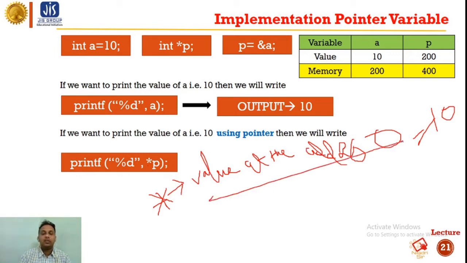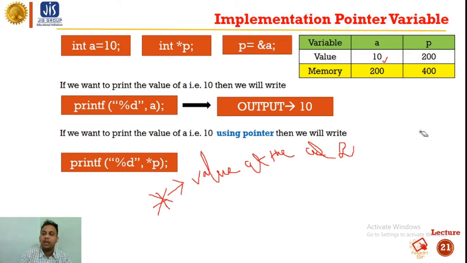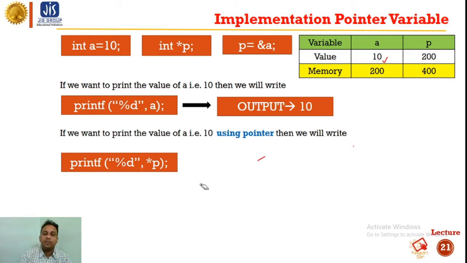Value at the address 200. What is the value at the address 200? That is 10. So the answer is 10. I think you have understood the meaning. Always remember these things. This pointer means value at the address. If you remember it, you can easily do this type of problem.